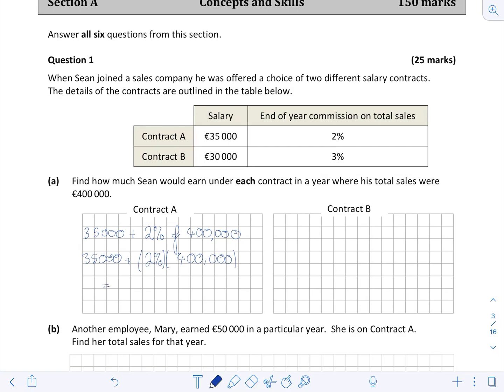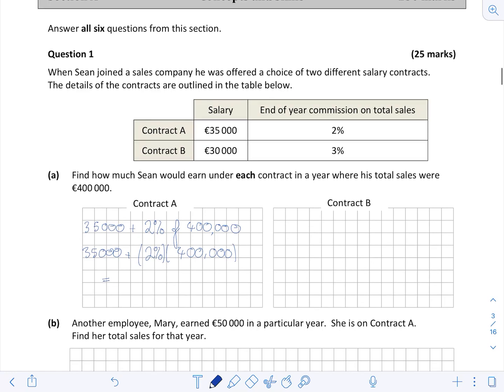So let's see what we get when we do that. So 35,000 plus 2% times 400,000. And that's equal to 43,000 euro. So under contract A, Sean will get 43,000 euro.